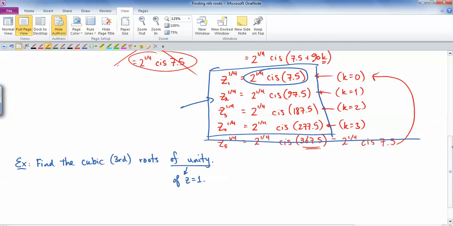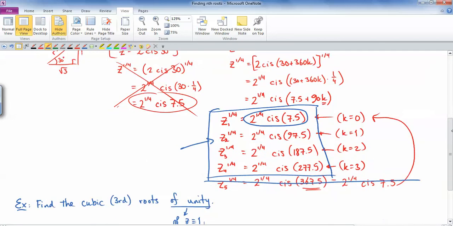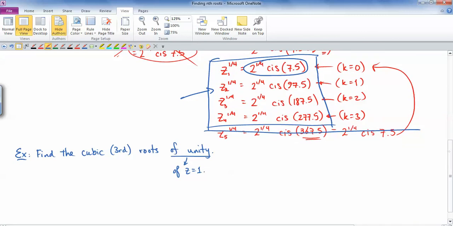So the problem before, we had find the fourth roots of root 3 plus I. This one is find the third roots of z equals 1. So the method that we did before: we want to write that in polar form first. So in polar form, z equals 1, that's just sitting right here on the real axis.